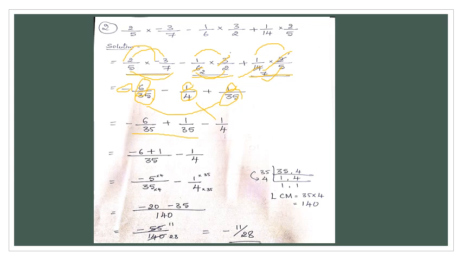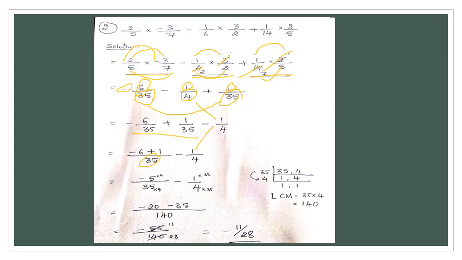So for both terms the denominator is 35. Write down the denominator as 35. Then write down the numerator minus 6 plus 1 as it is. Then write down the minus 1 by 4 here as it is.